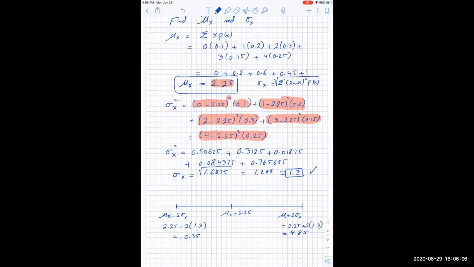If any of my X values fall within this range, within 2 standard deviations, then we say that the values of X here are not significant.